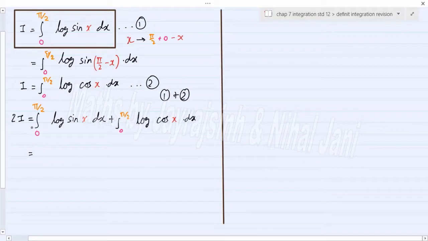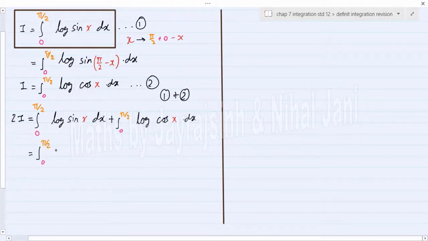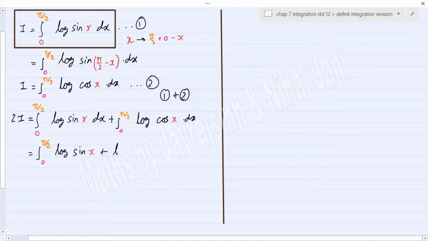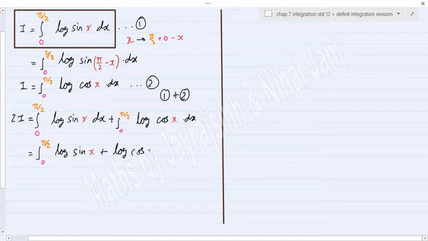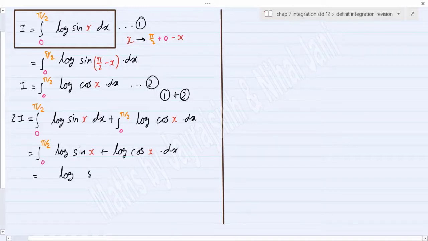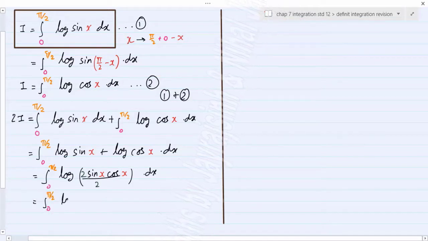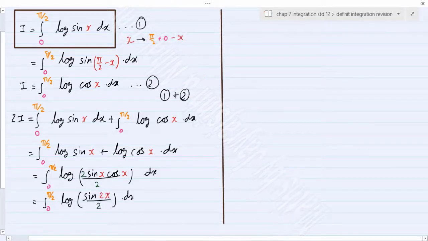Now the limit is the same, so we can say log sin x plus log cos x, dx, or if we apply the property of log, we will get log sin x into cos x. Now to simplify this term, let's multiply and divide by 2. Our numerator will become sin 2x whole divided by 2, dx.